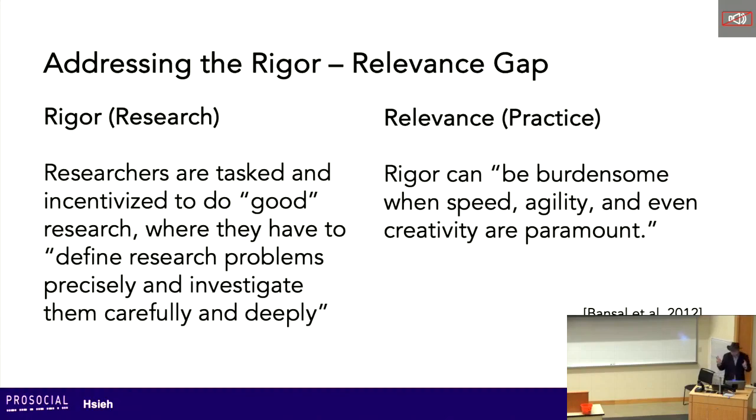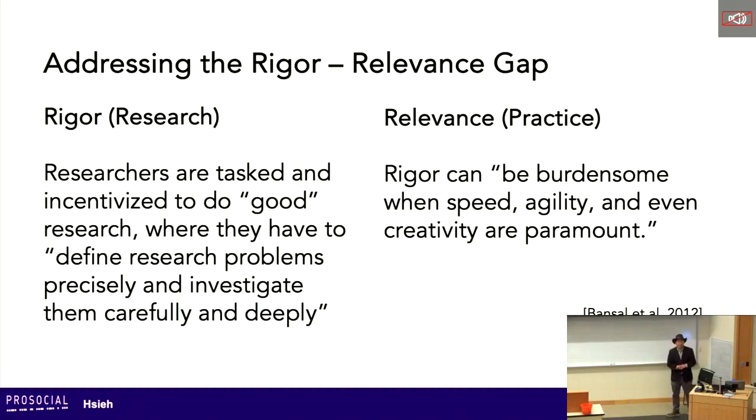They're trying to do good research, defining research problems precisely and investigating them carefully and deeply. But sometimes that's not the set of questions that practitioners want to answer, and they care more about relevance. If you focus too much on rigor, it could be burdensome when speed, agility, and even creativity are paramount.